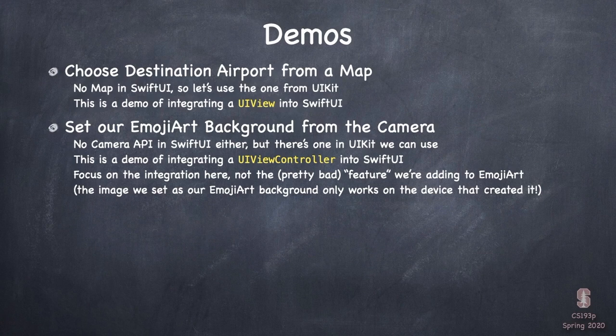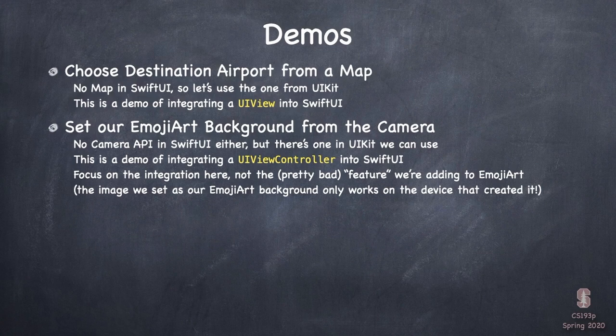Now, I'm just giving you a caveat before we start this demo. I'll probably mention it again in the demo itself. This is not an awesomely implemented feature for us in EmojiArt, because we take the picture from the camera or the photo library and we just drop it into our file system and store it as a URL in our EmojiArt like we've been doing so far. That's actually not really appropriate here.